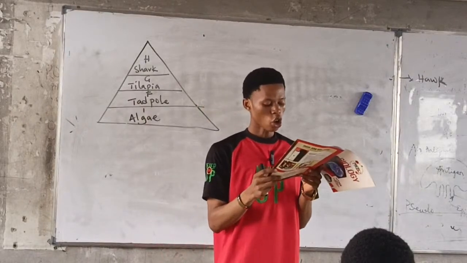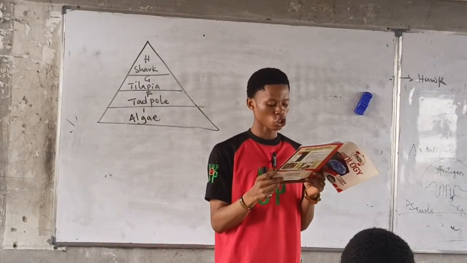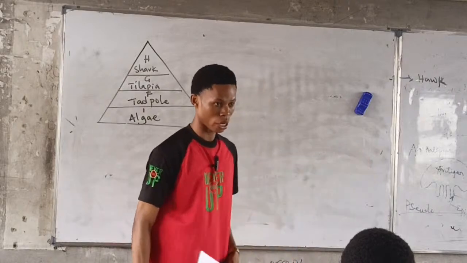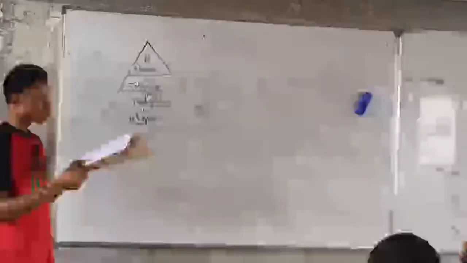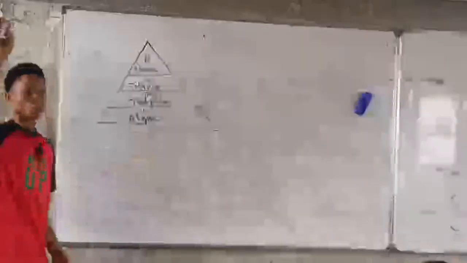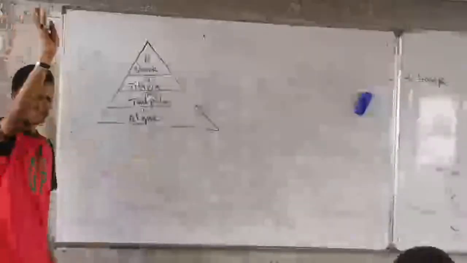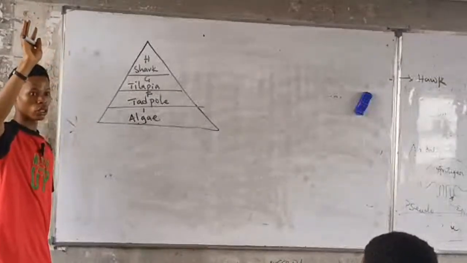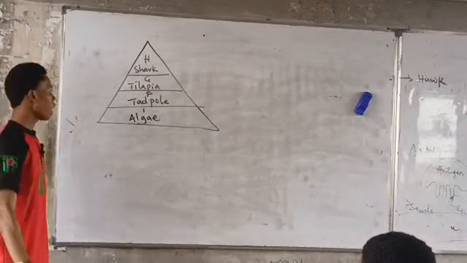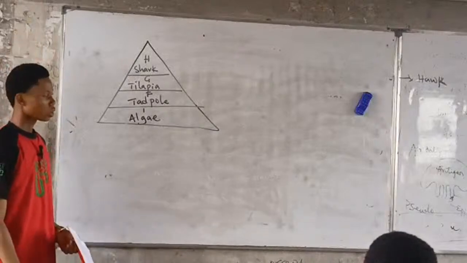Which organism in the pyramid functions as a tertiary consumer? If you know it, raise up your hand. All right, hands down. If you don't know it, raise up your hand, so that I will not point to you. All right, so the answer is what? Tertiary consumer.